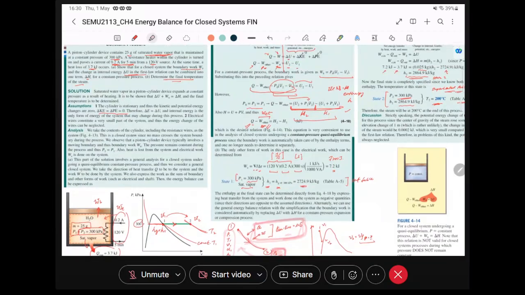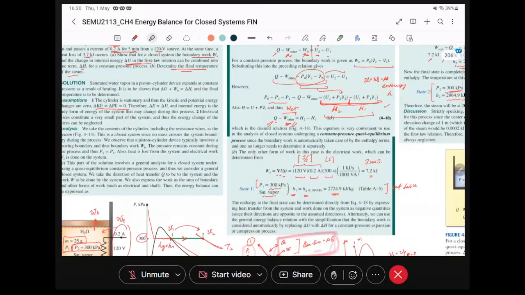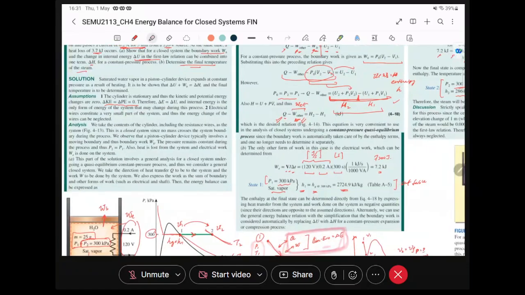Yeah, there's the explanation at the analysis part. It says the work to be done by the system. What work done by a system? In this one? Yeah, this one, this one.